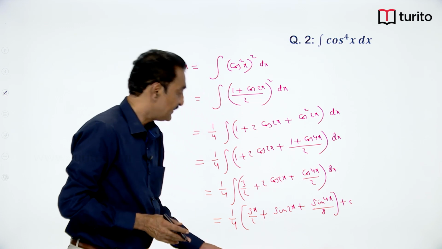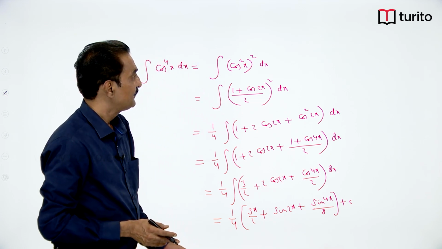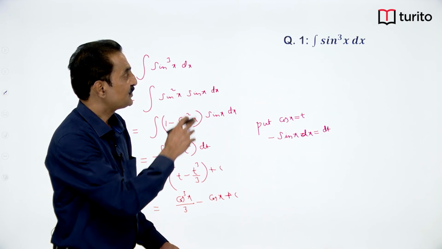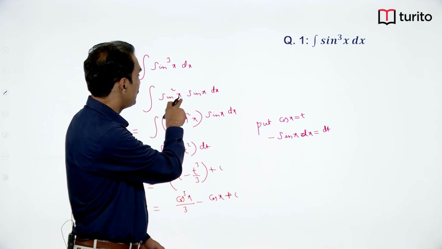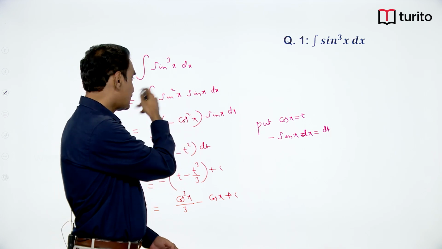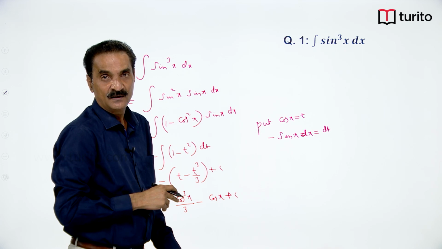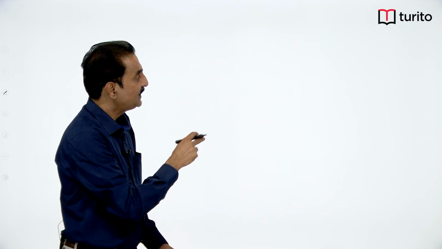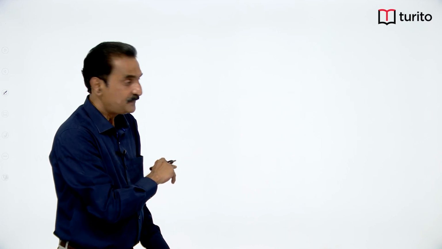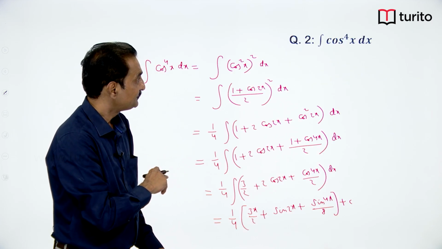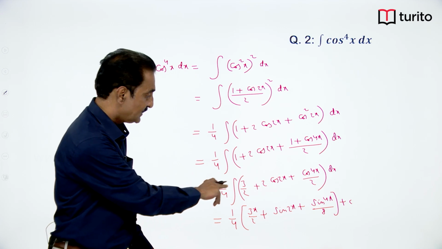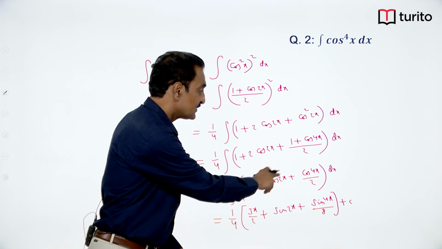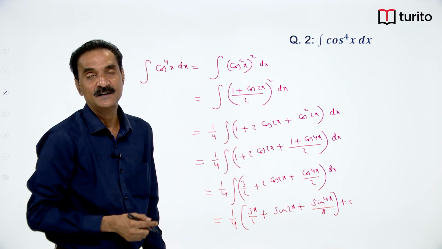You observe the previous question and this question. In the previous question, when the power is odd, we separated one sin x and converted the remaining into cos x. And when the power is even, we completely wrote it in terms of multiple angles, like cos 2x and cos 4x, and then integrated.